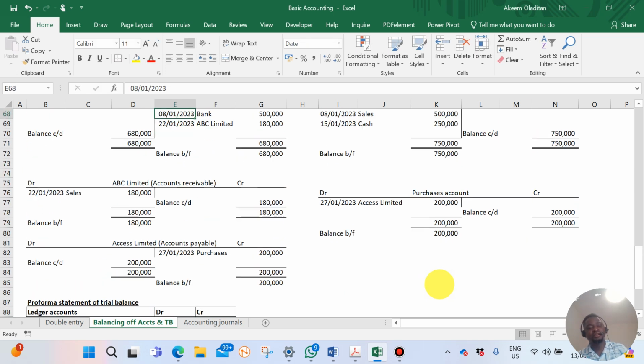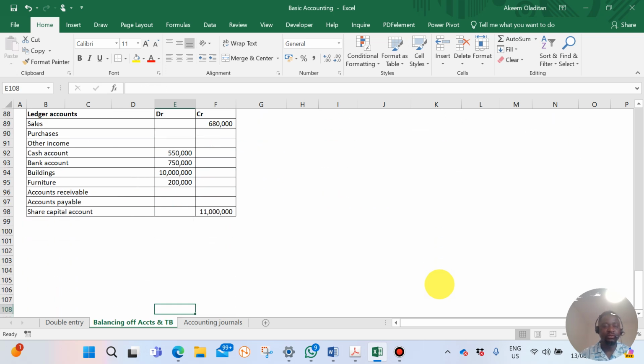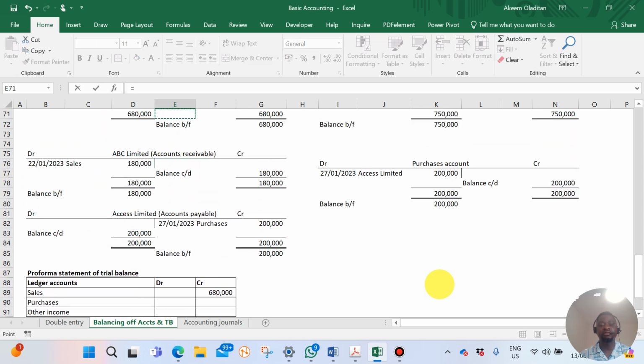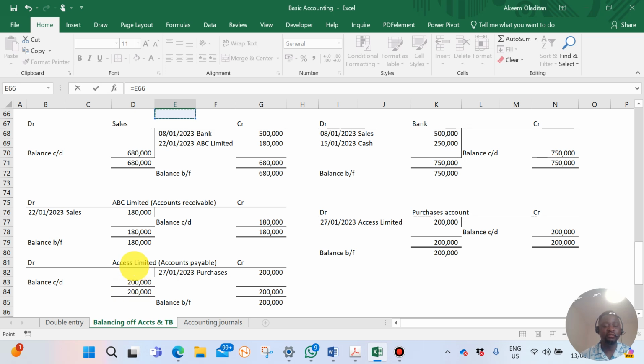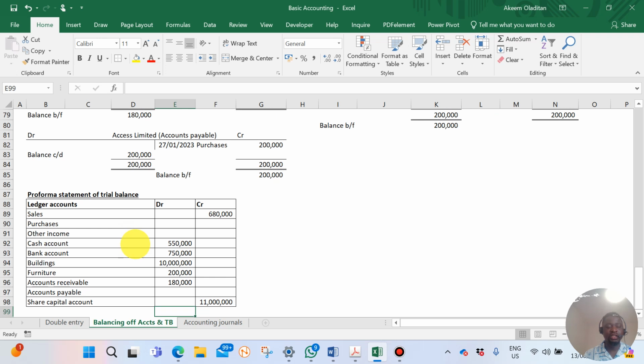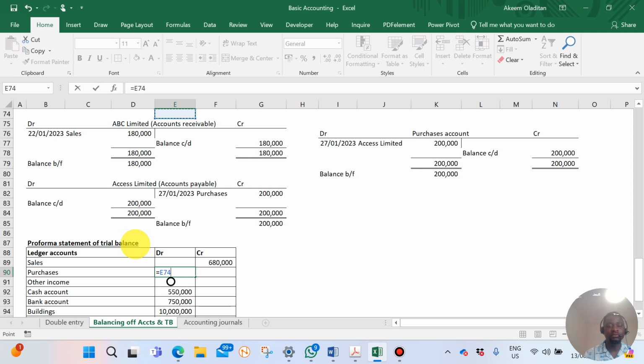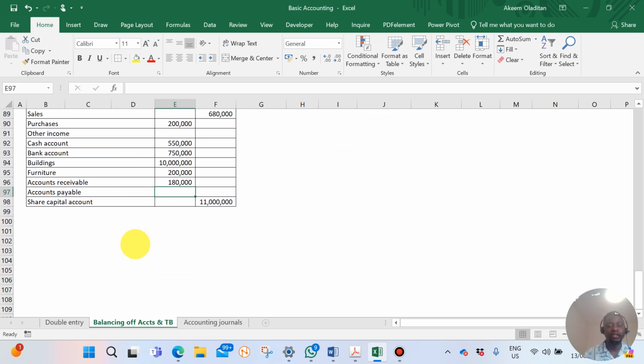So the next account after the bank account is the account receivable. Account receivable should be on the debit side. If not, then there's a problem, and you need to investigate. Then purchases is on the debit side also. Debit purchases and credit sales. And the last but not the least is the accounts payable, which is on the credit side.